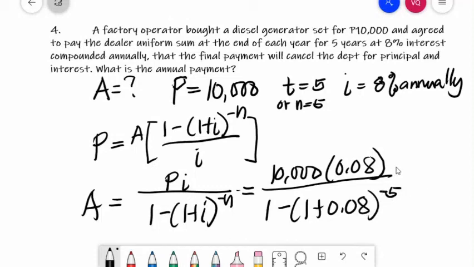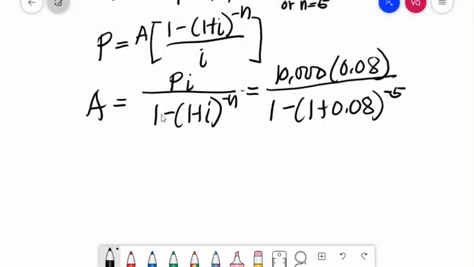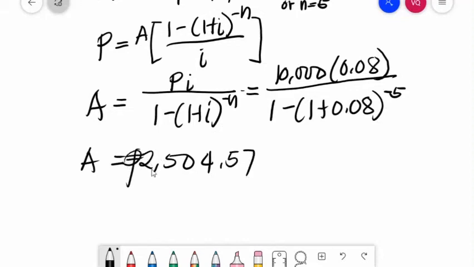So, the annuity is equal to 2,504.57 pesos. So, ito yung babayaran niya every year for 5 years at the end of each year.